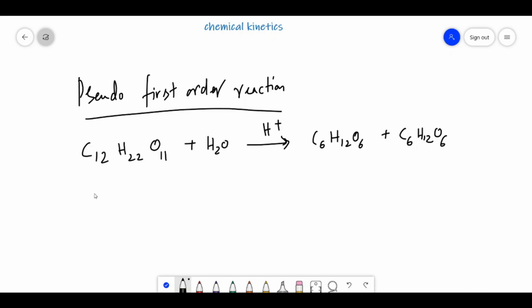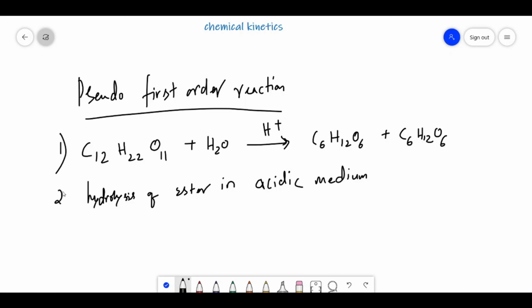And one more example is there. It is hydrolysis of ester. It is also in acidic medium. So both the reactions are in acidic medium only. So this is one example, and this is the second example.